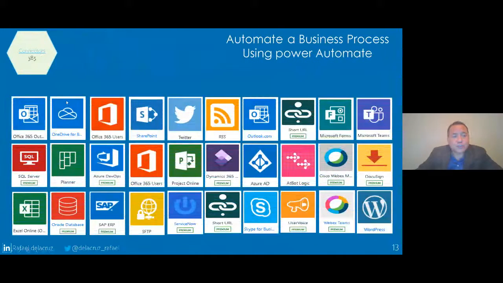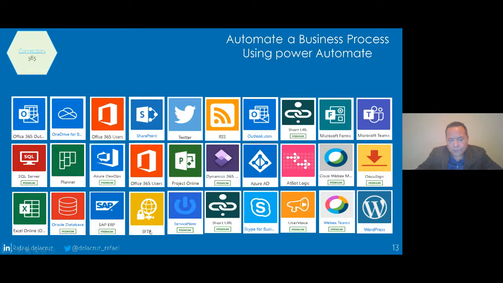As part of connectors, I Googled this today, and there are 385 connectors. Of course, more than the ones you see on the screen, like Azure AD. The integration with Azure keeps getting better and better. Dynamics 365, Project Online.